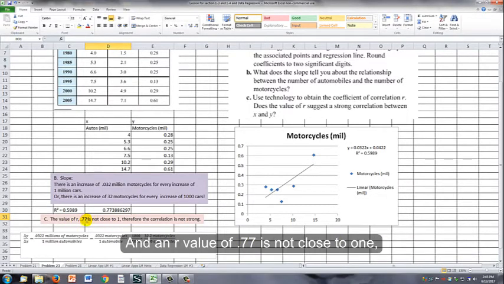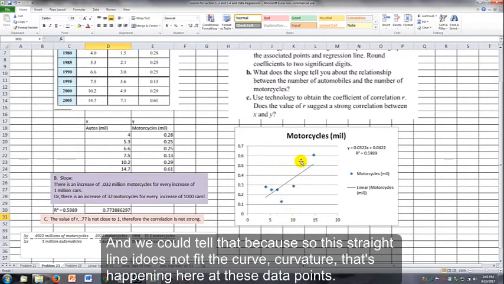An R value of 0.77 is not close to 1. Therefore, the correlation is not strong. And we could tell that because this straight line does not fit the curvature that's happening here with these data points.